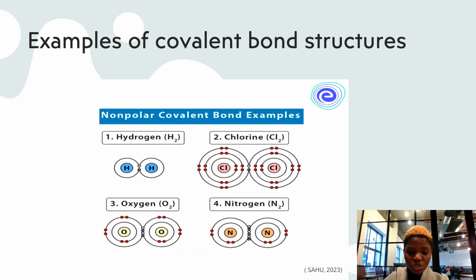So it bonds with another oxygen to make it 8. And then we have nitrogen, which is triple. It has 5 seeking 3 to complete. So it tends to use 3 of its electrons to bond with another nitrogen. Okay, so this is a type of covalent bond.